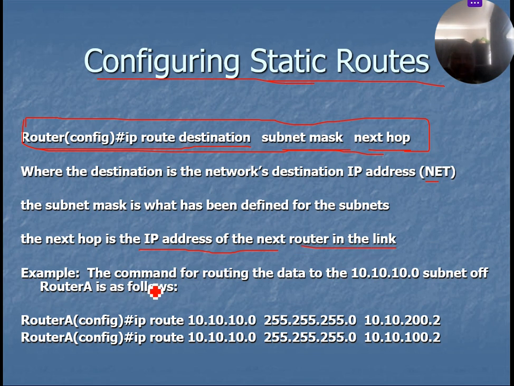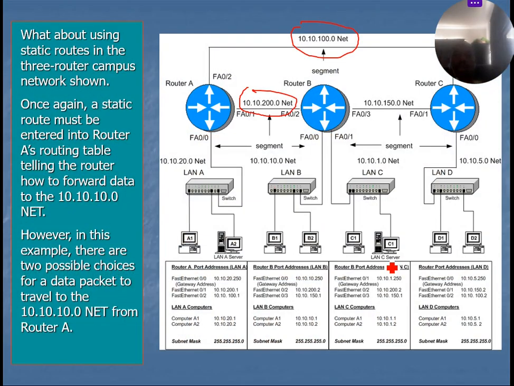Now let's take a look at an example. Say the command for routing the data to 10.10.10.0, you want to send to 10.10.10.0. We want to route a data packet from here all the way, follow this place to this place, and then send to this place.